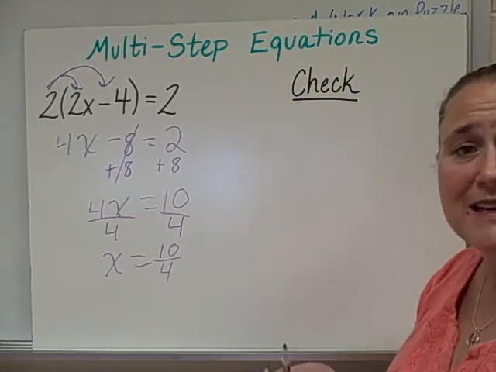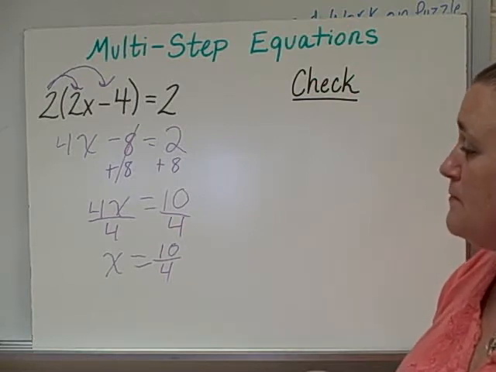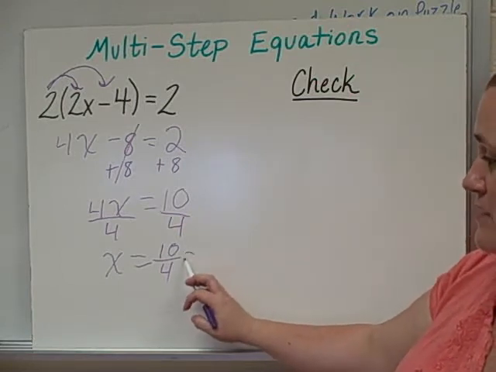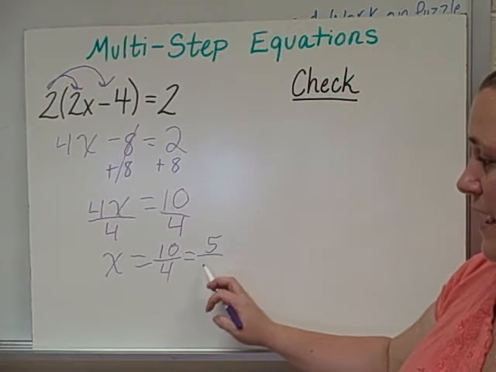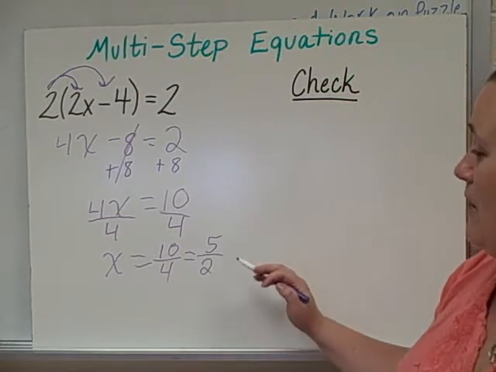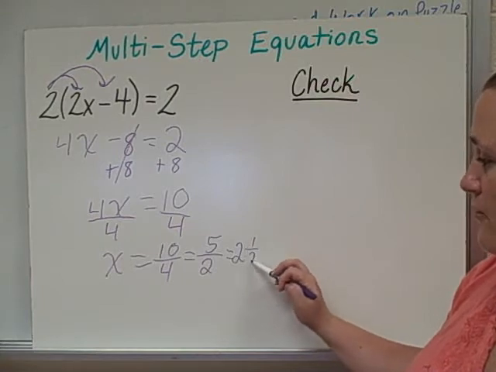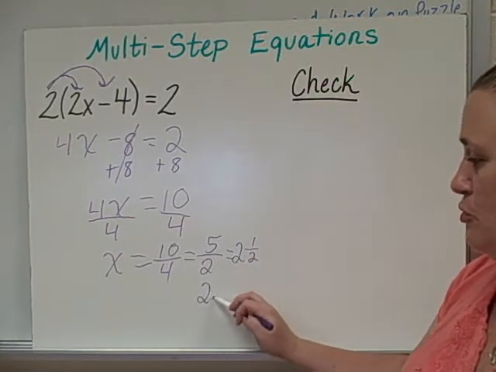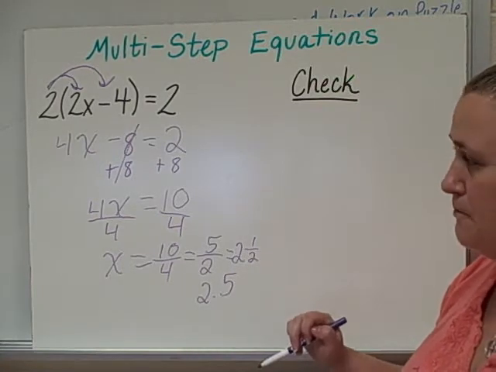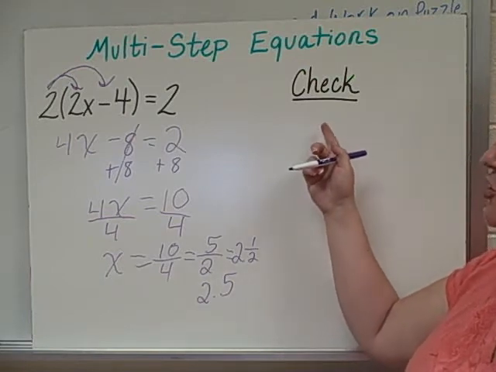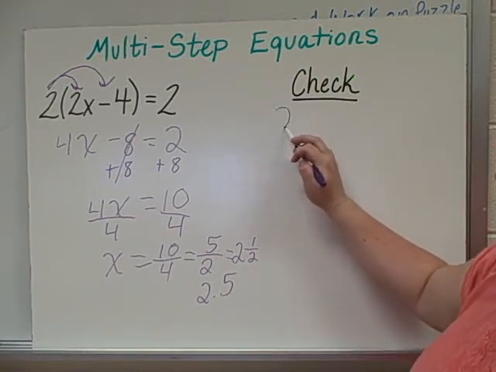Now that doesn't divide even, and that happens sometimes. So we can simplify this to 5/2, which is the same as 2 1/2, or 2.5. But we also need to do our check, so let's write it.